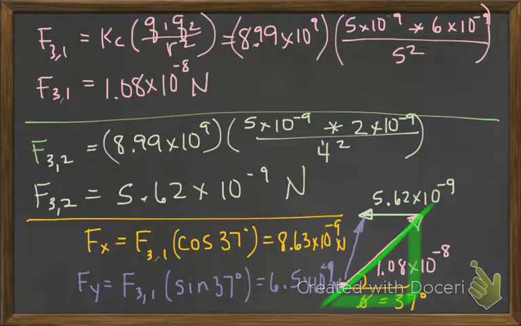So I'm going to move over to another slide. Again, you should have all that information sitting in front of you, but now if we're looking at force 3-2, all of this is in the x direction. Positive x or negative x?